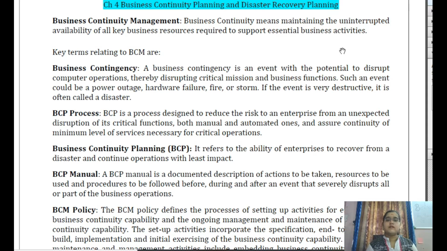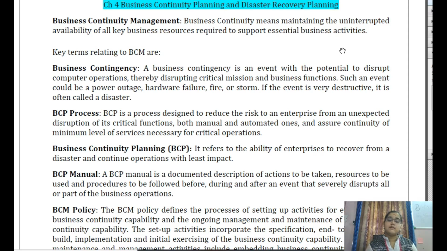So this chapter is all about any sudden disruption to the organization and how the organization is going to react, or you can say respond, to it. A plan is made so that the enterprise has the ability to recover from the disaster and continue its operation with the least impact.